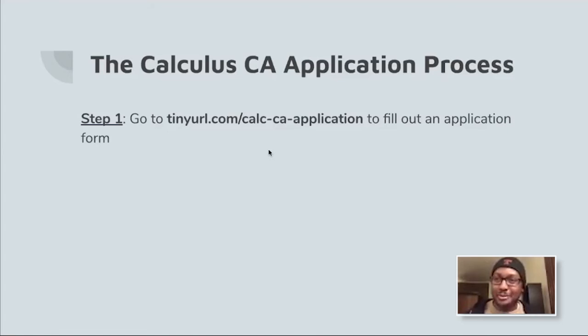We just ask for some basic biographical information, why you want to be a CA, what coursework you have taken, and which courses you might want to be a CA for, like what courses draw your attention. We ask all of our CAs to sign off on us doing an academic background check with your house dean or your academic dean, just so that we can make sure that you're in good academic standing.